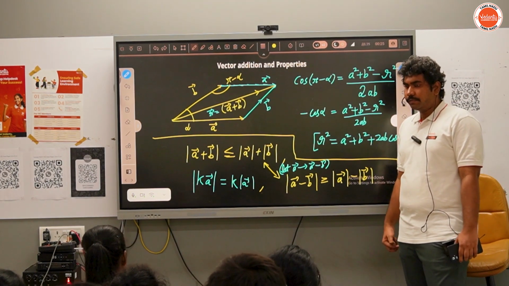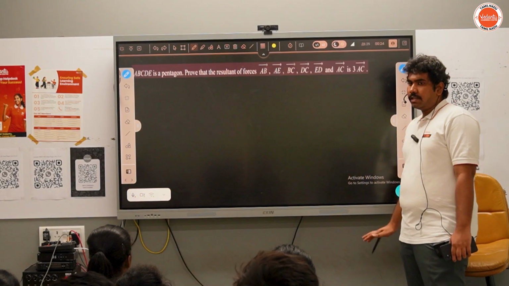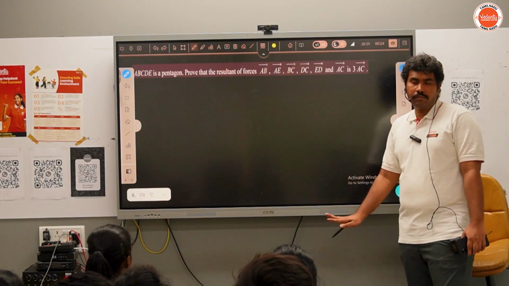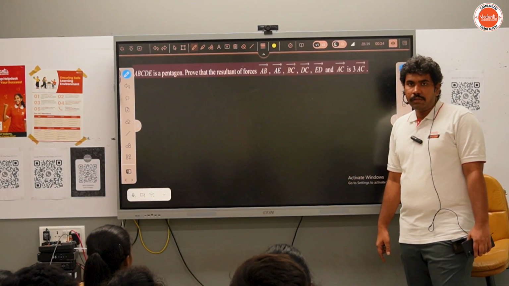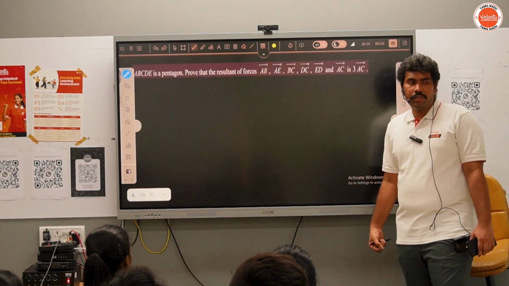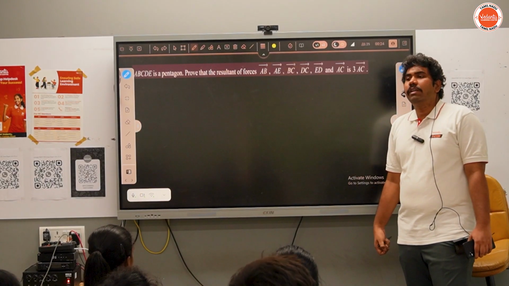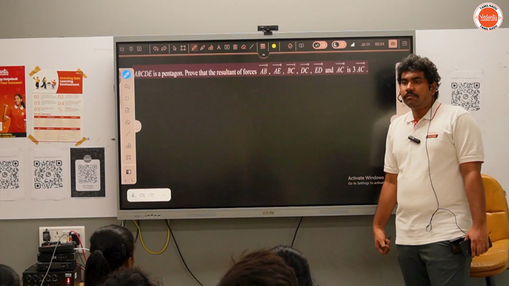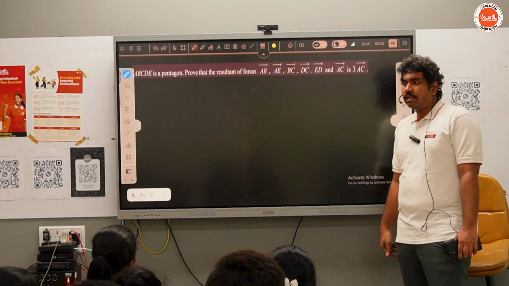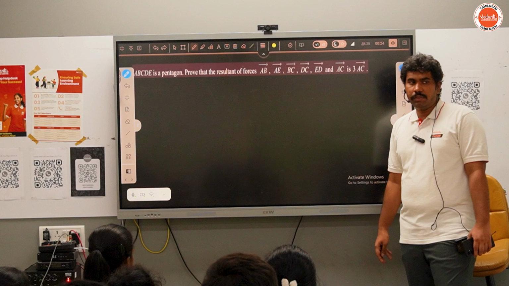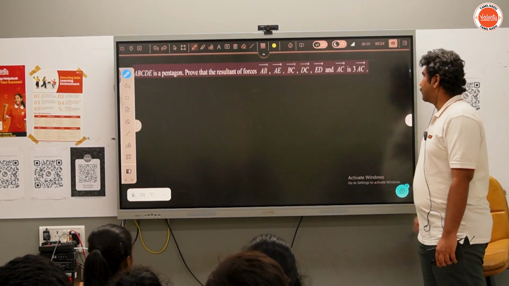We will do it. In this session we will look at the applications of vector addition. In the next session we will look at collinearity, parallelism, coincidence in detail. From those you can get many types of questions.